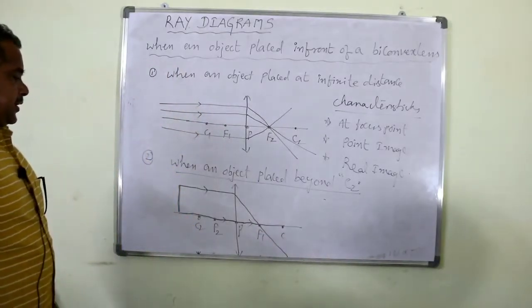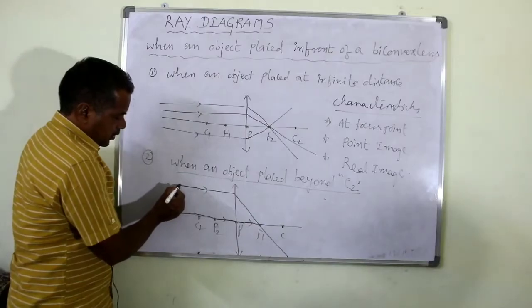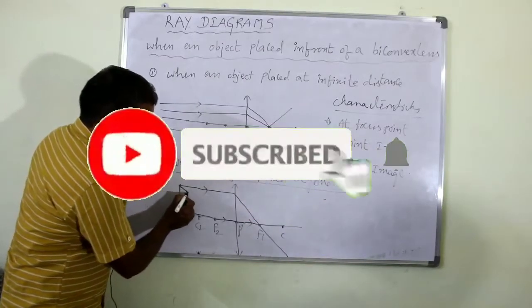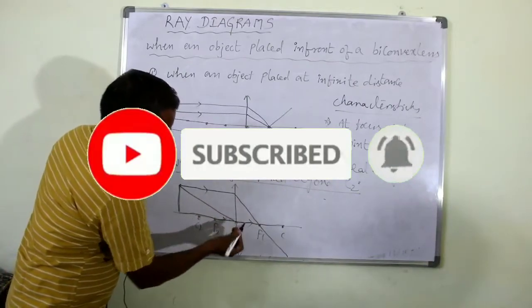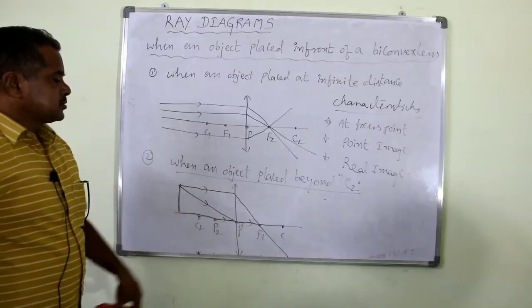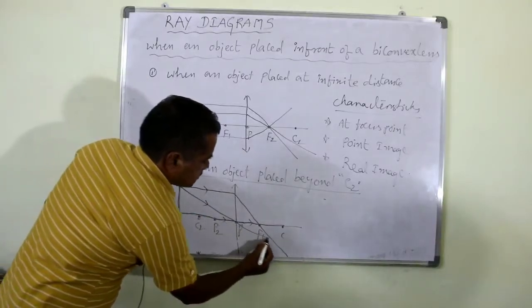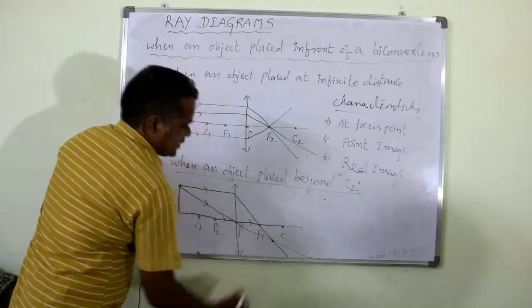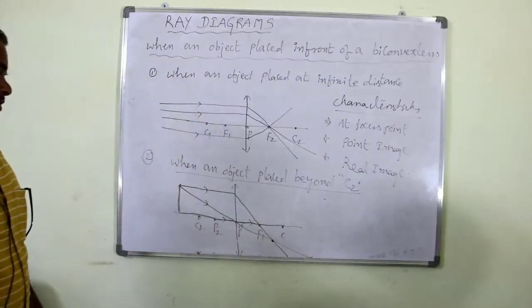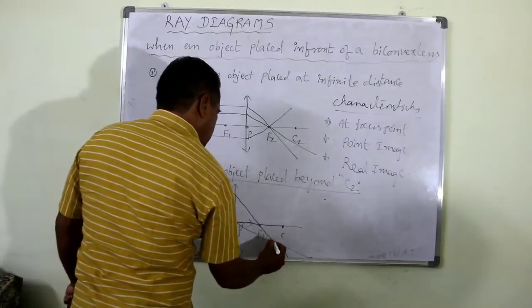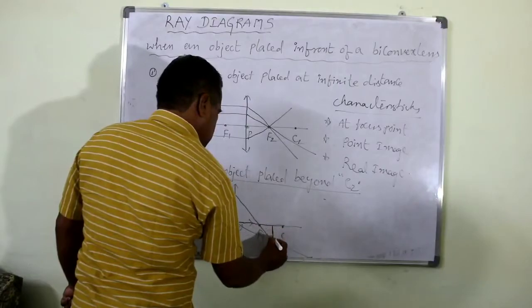Take one more light ray from the top of the object which passes through the optic center. The corresponding refracted ray also doesn't deviate its direction, so it moves like this. These two light rays intersect at this point. From this point of intersection, draw one normal to the principal axis.